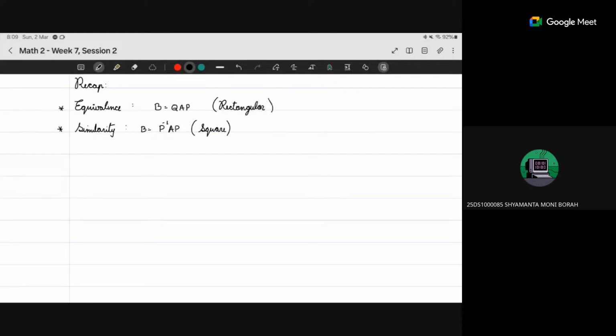So there you are allowed different bases on the domain and codomain. But in similarity, you take it a little bit more sharp and you only allow transformations from a space to itself and the same basis on both sides. These are all the notions that we saw last time.